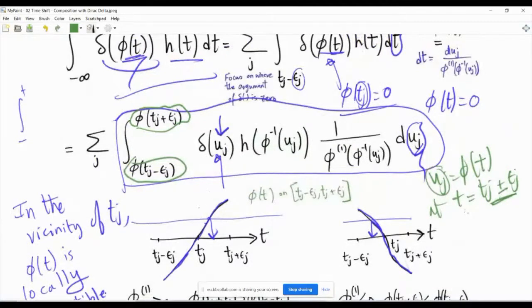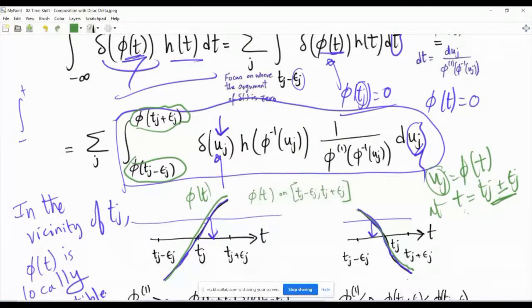Why? Because the function phi of t locally looks either like this or like that. And why is this the case? Again, the story is in these steps. At tj itself, the function phi is equal to 0. At tj, the derivative of the function phi is either positive or negative.